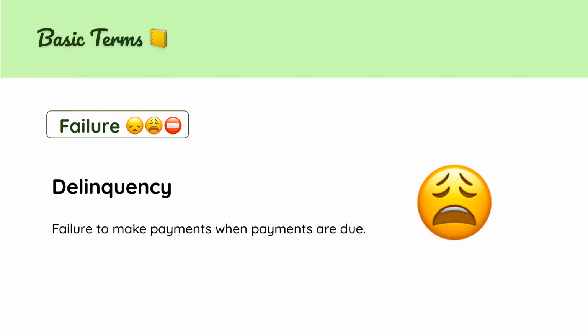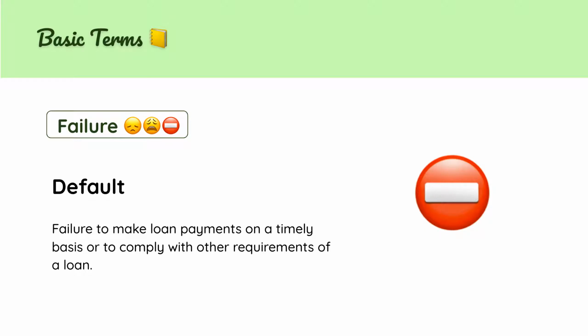Delinquency. Delinquency means that you are behind on payments. Default. Once you are delinquent for a certain period of time, your lender will declare the loan to be in default. The entire loan balance will become due at that time.